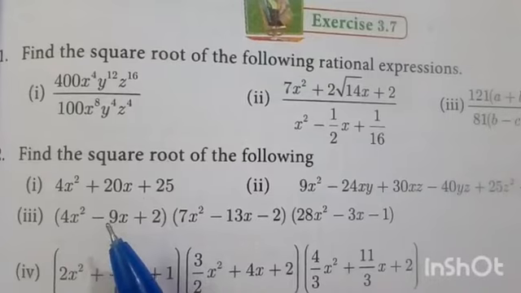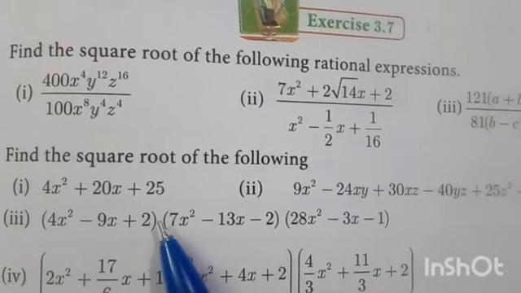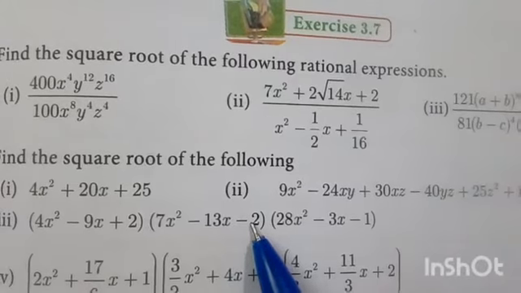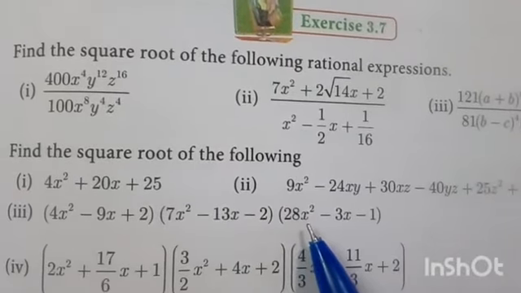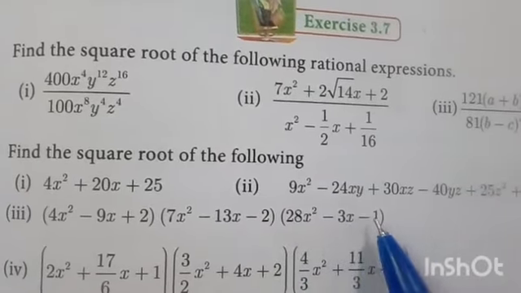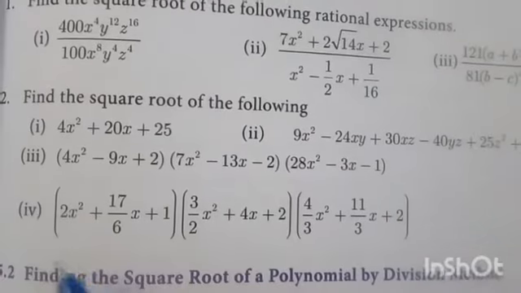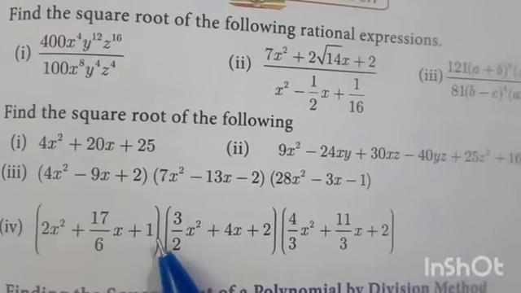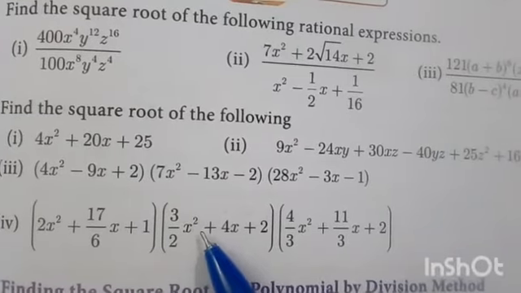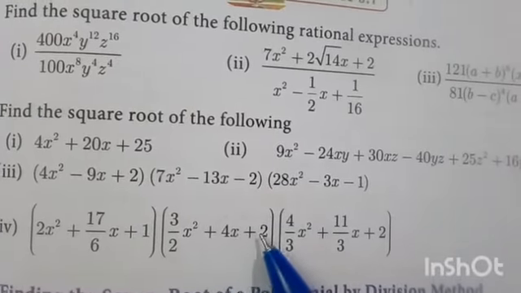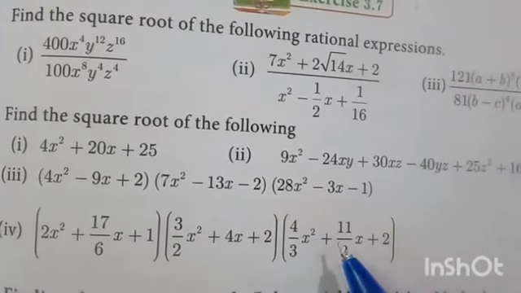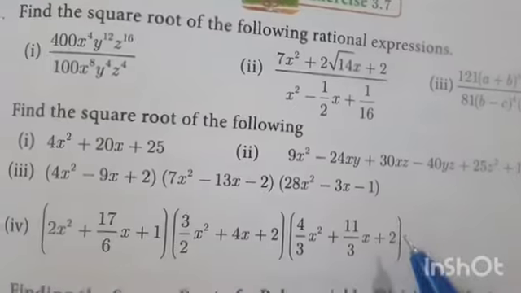Third question, 4x square minus 9x plus 2 into 7x square minus 13x minus 2 into 28x square minus 3x minus 1. Fourth question, 2x square plus 17 by 6x plus 1 into 3 by 2 into x square plus 4x plus 2, then 4 by 3 x square plus 11 by 3x plus 2.